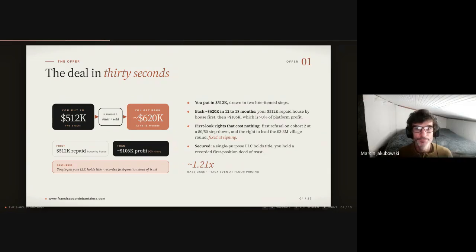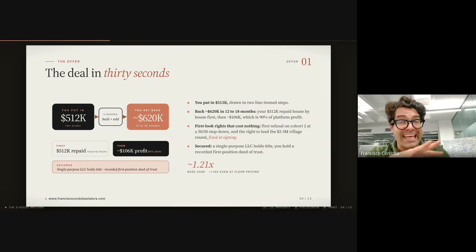Capital structure. As you can see in this structure, we're saying to the investor, you will get 90% of the profits. Remember that in the previous ones I proposed, the big one was like 40% or the other was like 60%.